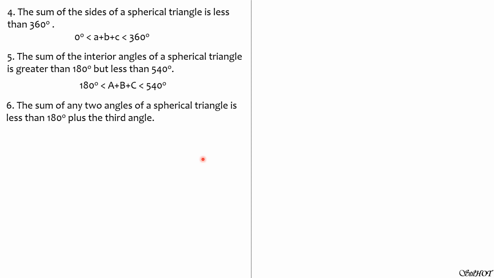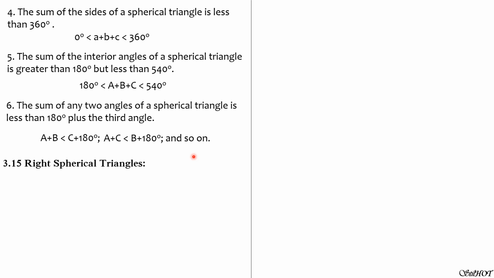That is, angle A plus B is less than angle C plus 180 degrees. A plus C is less than angle B plus 180 degrees, and so on. So B plus C is less than 180 degrees plus A. Then we proceed to right spherical triangles.